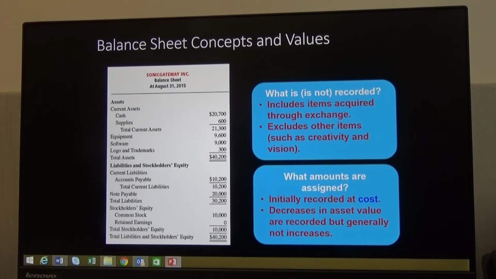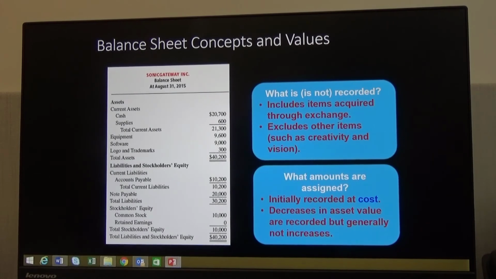Now, if we know that the asset has decreased in value, if we had some kind of an assessment that showed that we had lost value on that land, maybe it developed a sinkhole, and we know for sure it's not worth as much as we paid for it, we do have to find a reasonable estimate and decrease that asset value on our balance sheet, because we have this principle called conservatism that says we want to avoid getting anybody's expectations inflated.